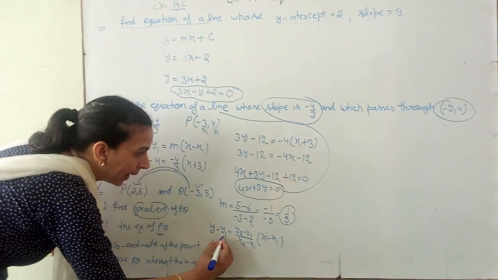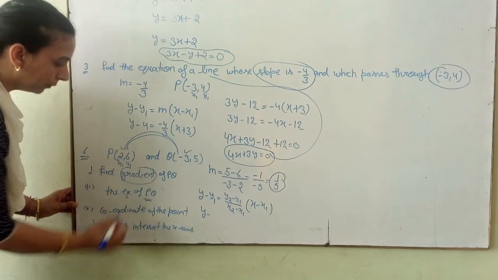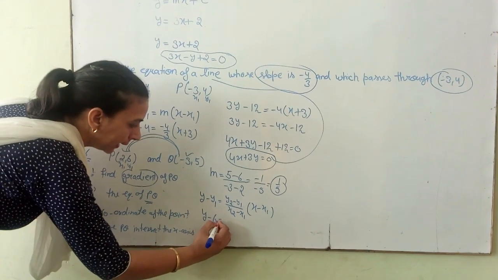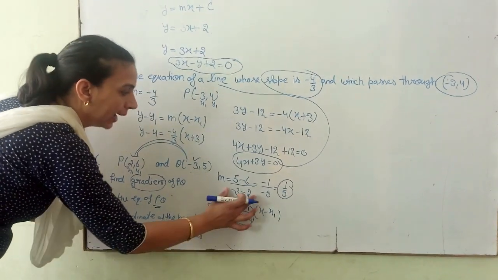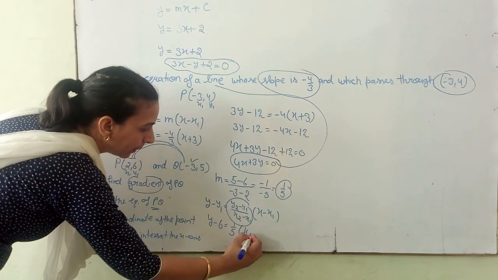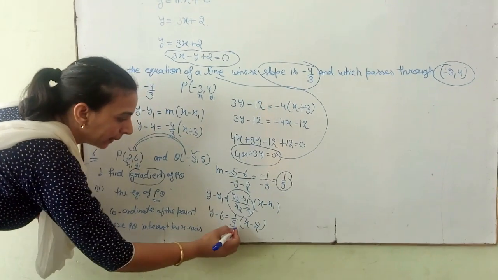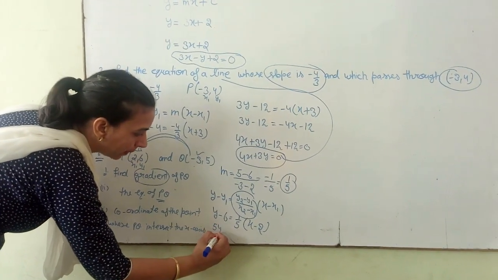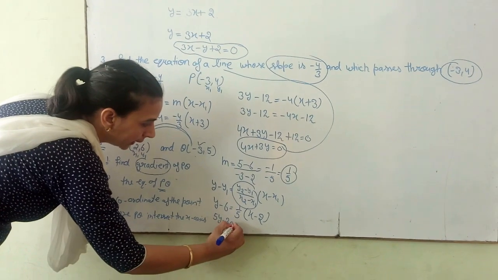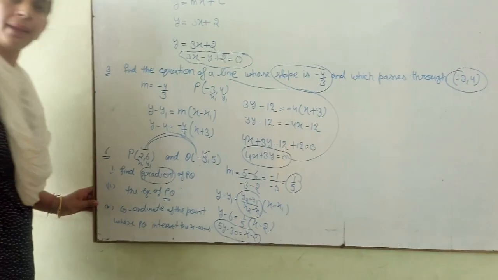Here y1 is 6, and this slope is equal to 1 by 5, times x minus x1, 2. Then multiplying by 5 on the left side, 5y minus 30 equal to x minus 2. This is the equation of PQ.